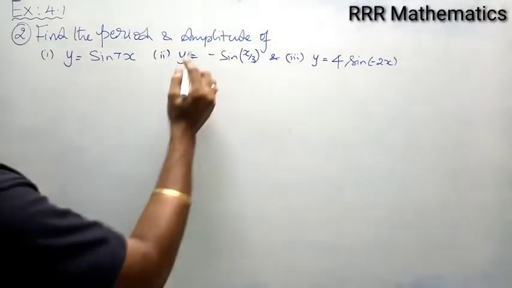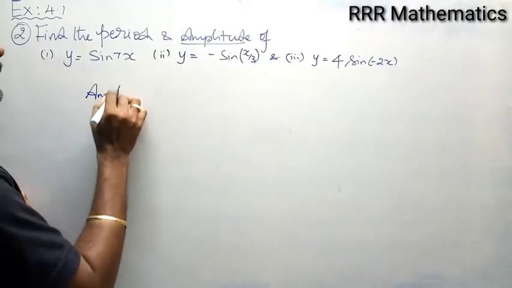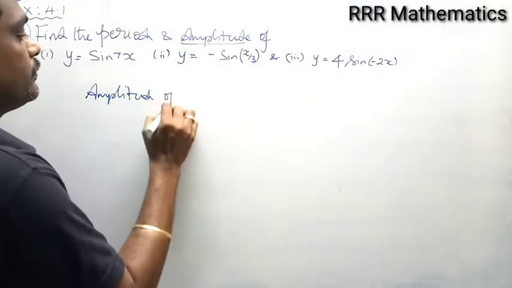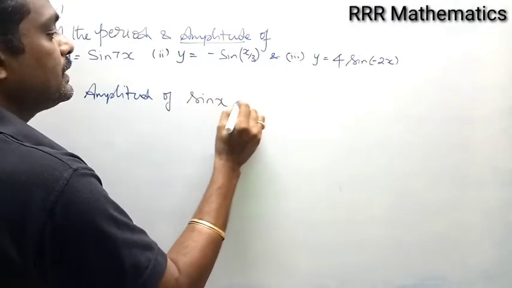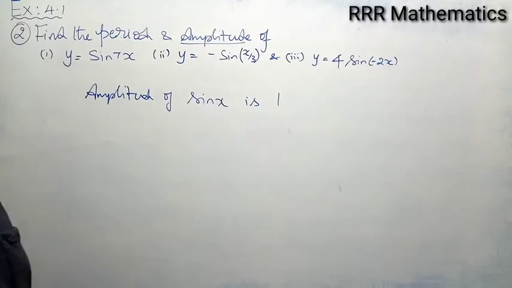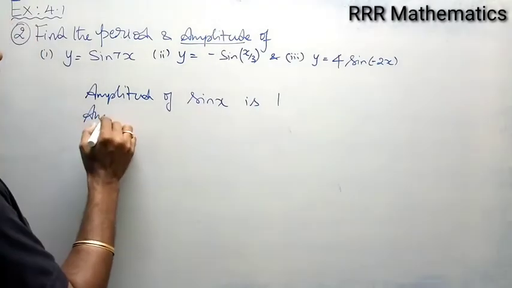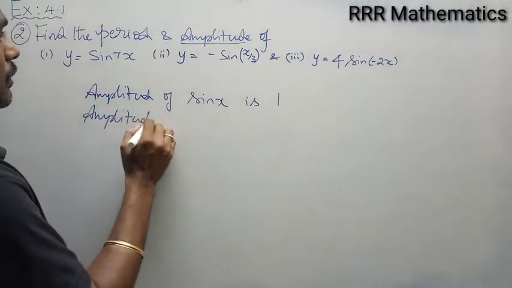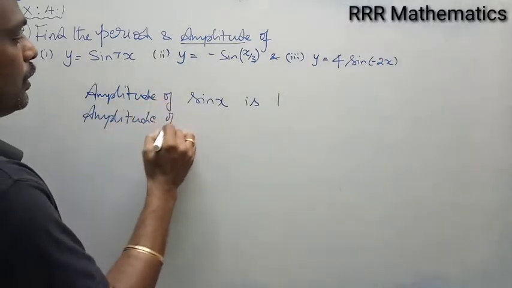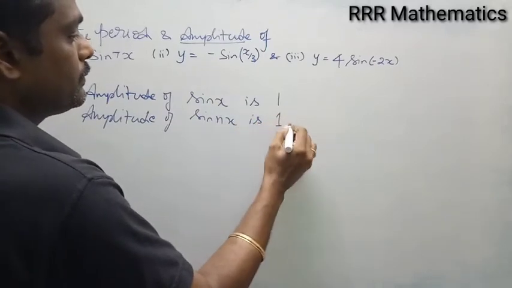Now we will discuss amplitude. Amplitude of sine x is 1. Amplitude is nothing but the maximum distance from the x-axis, which is 1. Even the amplitude of sine nx is also 1.